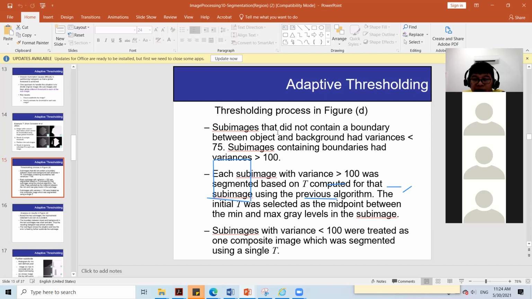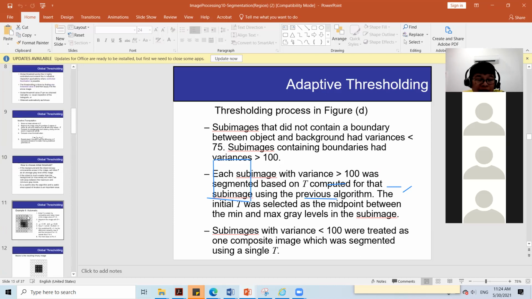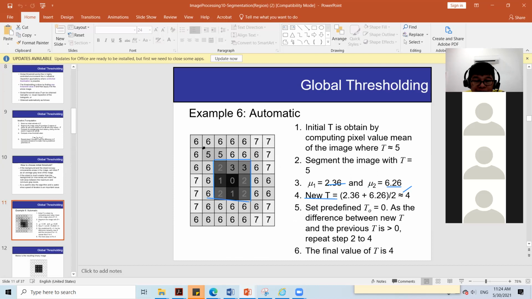You can compute, for example, this image. You compute everything, then you get the variance. Let's say variance is equal to 1. Then what does it mean by variance equal to 1, before I proceed? What do you understand about variance?